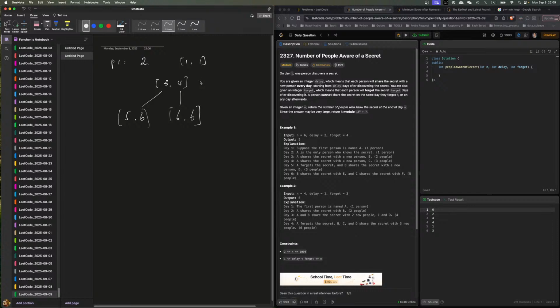And then the forget day is 7, so this one will not forget. So the length of this is 2, length of this is 2, length of this is 1.